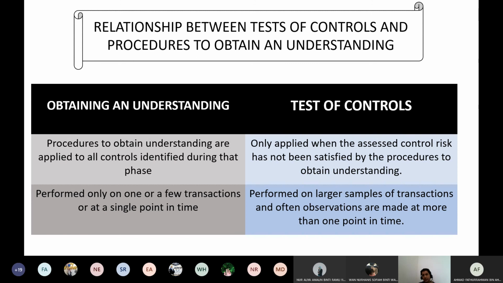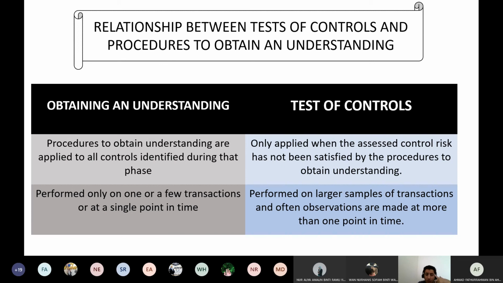Okay, so here we compare obtaining an understanding of internal control and test of control. Number one, on the side of obtaining, procedures to obtain understanding are applied to all controls identified during that phase. But for test of control, we only apply it when the assessed control has not been satisfied by the procedures to obtain understanding of internal control.